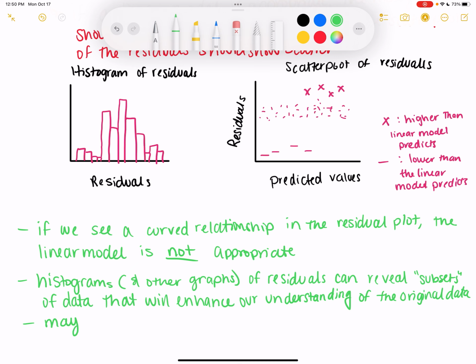May lead us to analyzing the subsets separately.